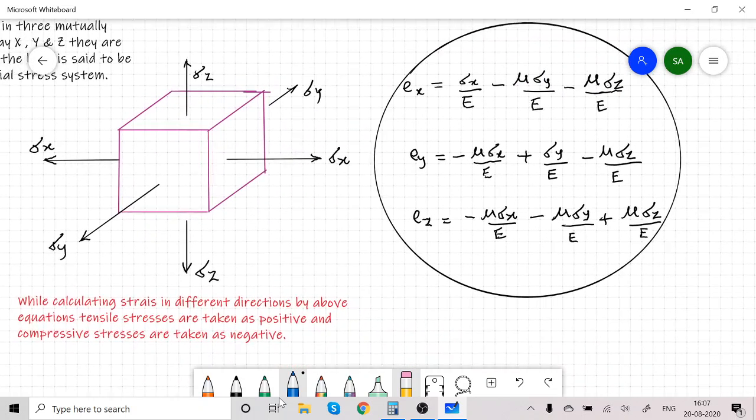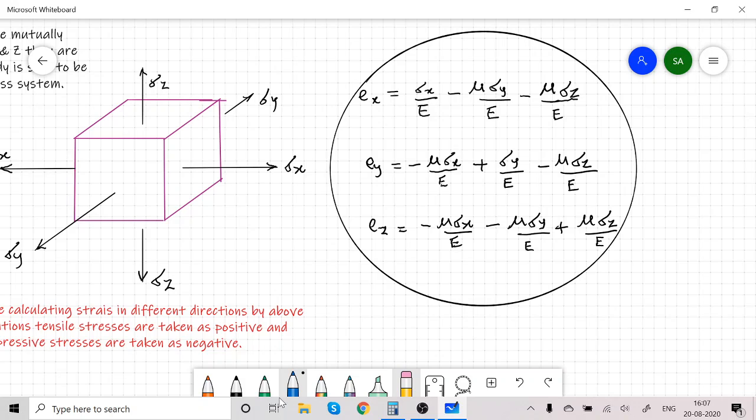Now, here also, strain in x direction is equal to sigma x upon E minus mu sigma y upon E minus mu sigma z upon E. Remember, with respect to this x direction, strain due to stress in y direction is lateral, therefore multiplied by mu, and the stress in z direction produces lateral strain in x direction, so multiply it by mu.